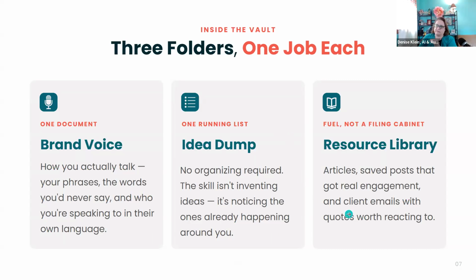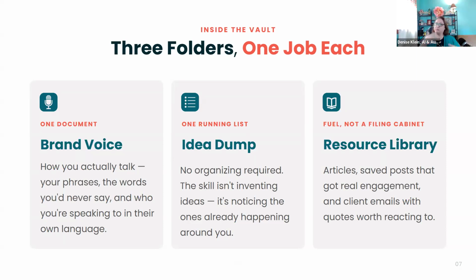And then the last piece of this vault is what I call the resource library. So these might be interesting articles that I've read somewhere. Maybe I want to refer to that article. Maybe I want to do my own take on that article. But it doesn't have to just be an article. It can be a YouTube video that you saw, or maybe you see somebody else that has a post that has a lot of really good engagement. Now, we're not trying to steal ideas from other people.